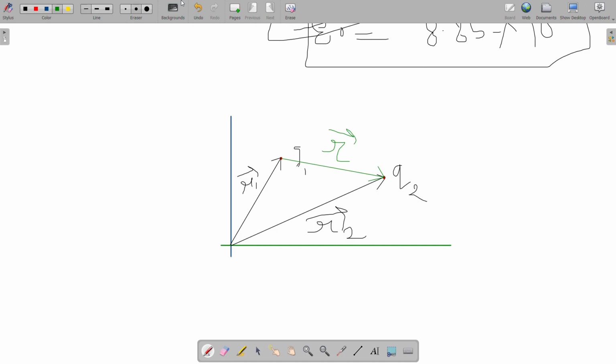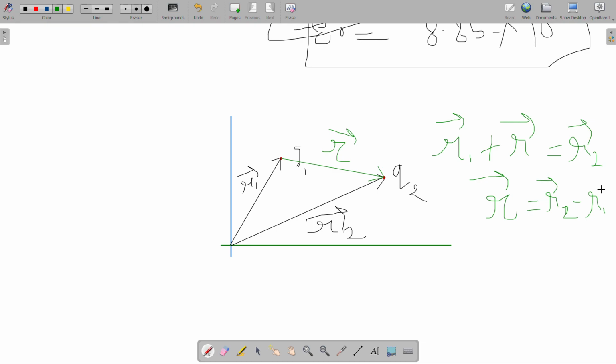So according to the triangle law, R1 vector plus R vector should be equal to R2 vector. From here, R vector can easily be seen as R2 vector minus R1 vector.